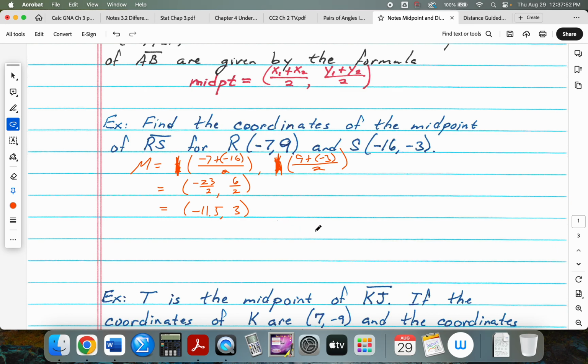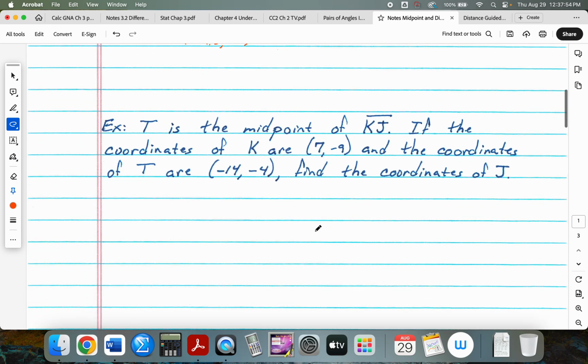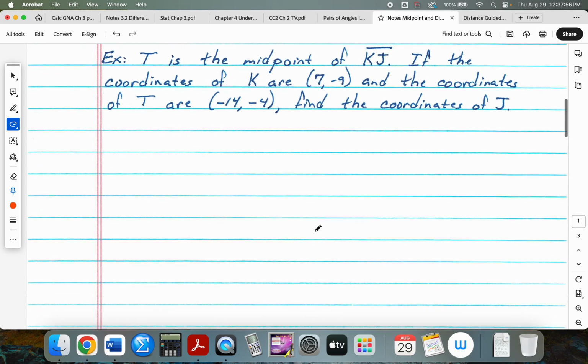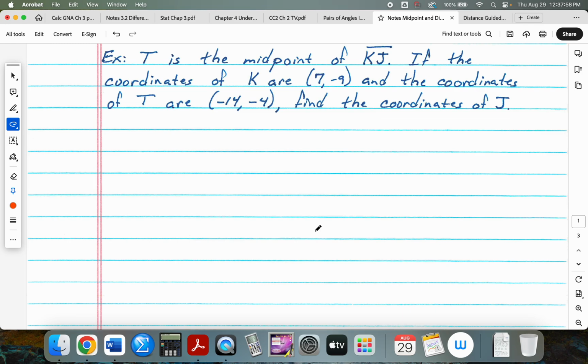All right. So this second one, it says T is the midpoint of segment KJ. If the coordinates of K are 7, -9, and the coordinates of T are -14, -4, find the coordinates of J. Okay.